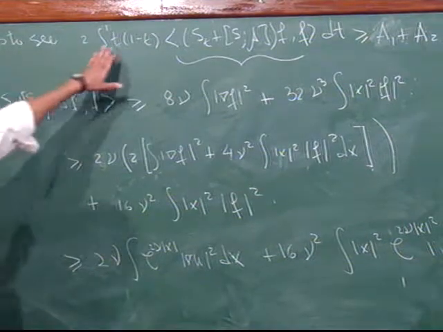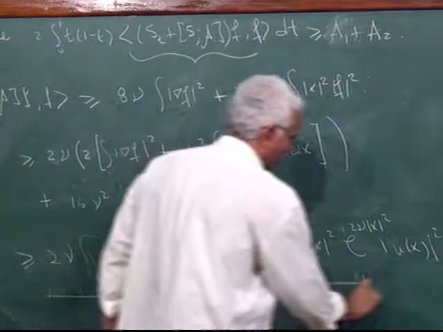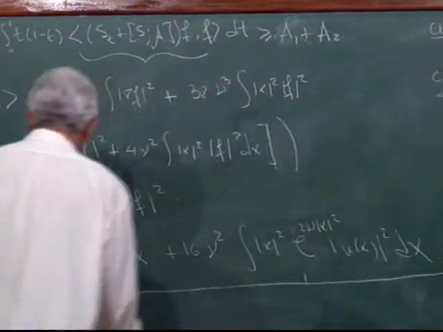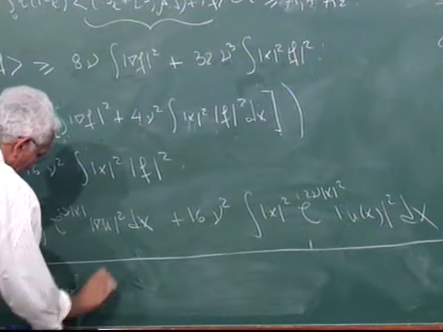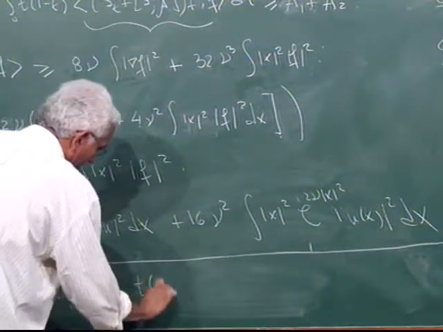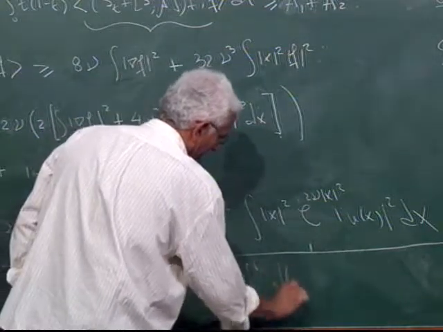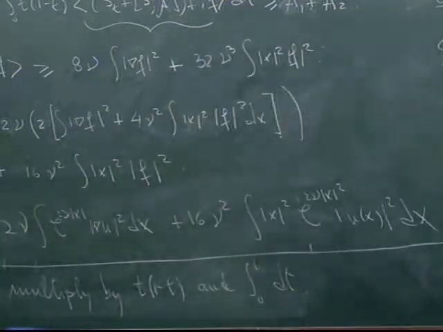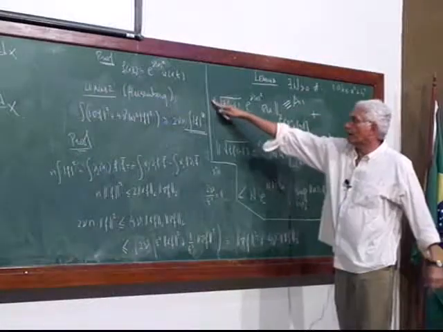Now you multiply by t, 1 minus t in both sides, and integrate in t, and you have what you want. Multiply by t, 1 minus t, and integrate dt, then you get exactly what you want. You're going to say, but you don't have 1 here and 1 here.